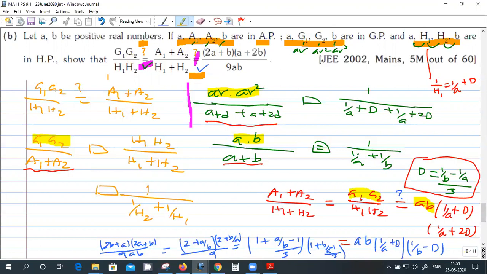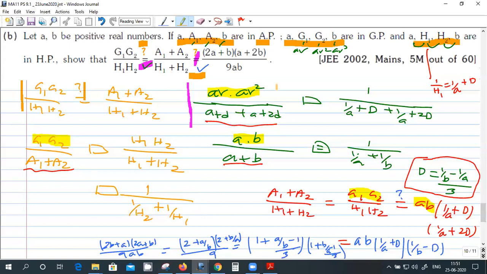To show the first one, this is a step: G1 G2 divided by H1 H2 equal to G1 plus H2 divided by H1 plus H2. So I'm bringing this H1 H2 here and writing this. When things are in HP, it's easy to handle their reciprocals because the reciprocals will be in AP. Once I bring H1 H2 here, we will get 1 by H1 and 1 by H2, which is easy to handle.